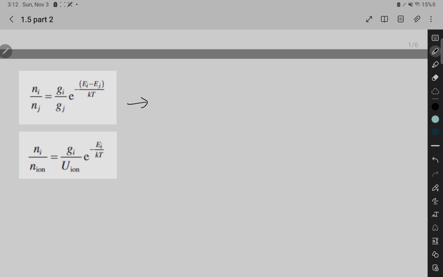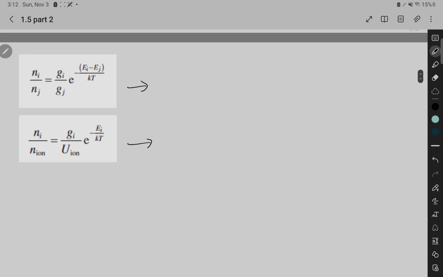So if you were to compare the ratio between n equals to 1 and n equals to 3, you would use this formula. And this is more like if you were to compare n equals to 3 to the entire summation of all the possible energy levels, right? So the upper one is comparing one to another one. The bottom one is comparing one to the entire thing. So that's what they're for.